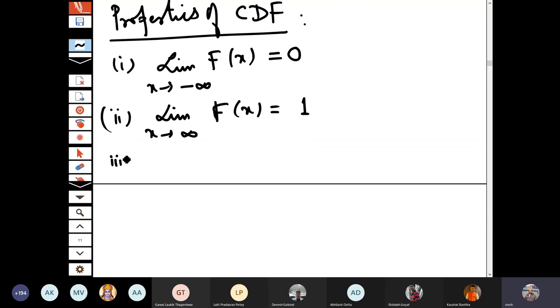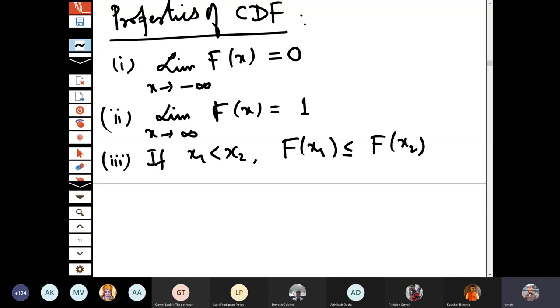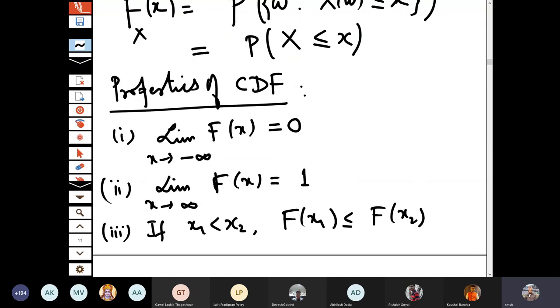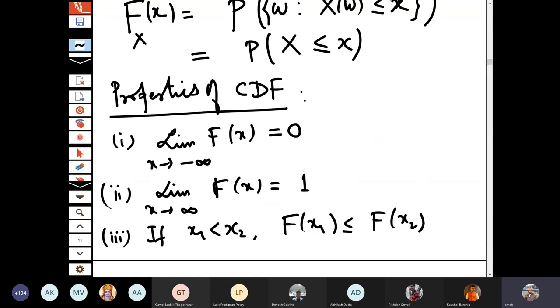The third property is that if x1 is less than x2, then F(x1) will be less than or equal to F(x2). Again, look at the definition itself. Suppose this is x1 and this is x2. If I say X is less than or equal to x1, then this is the probability.